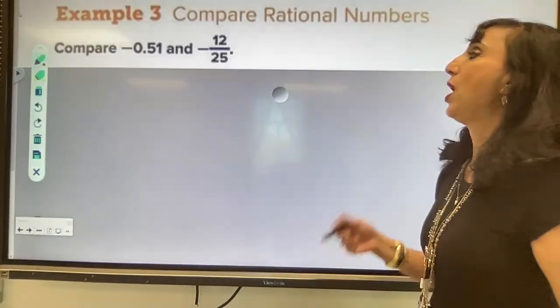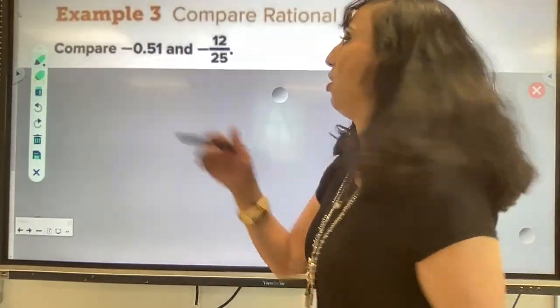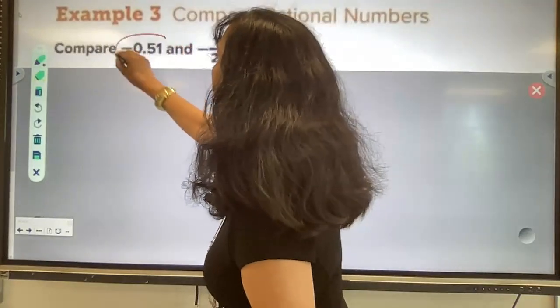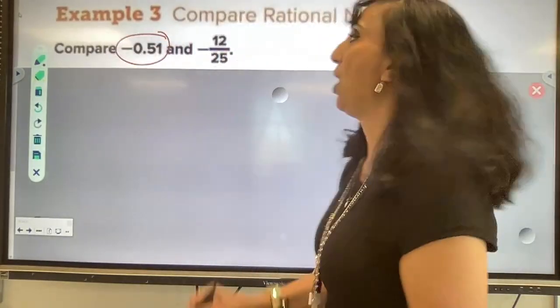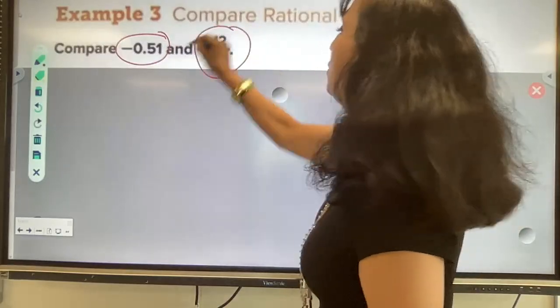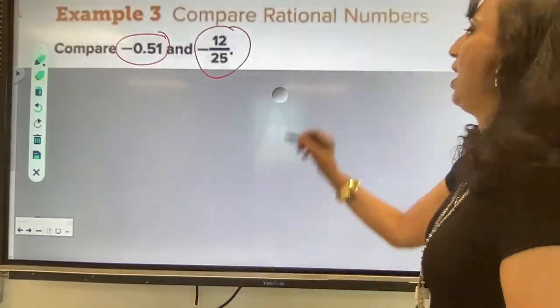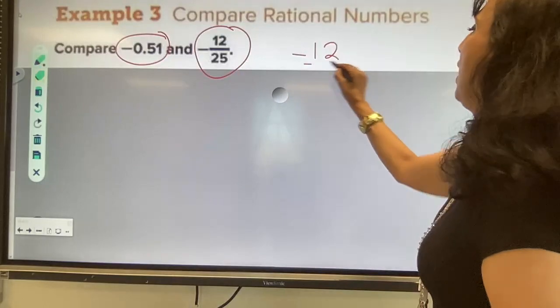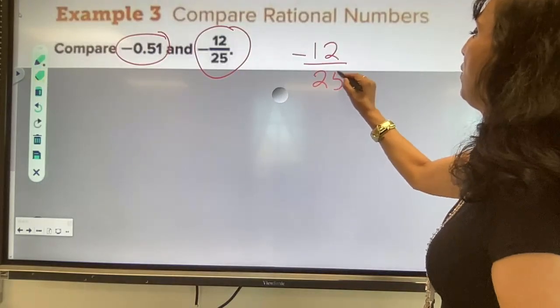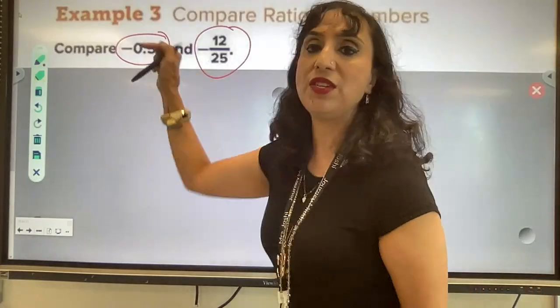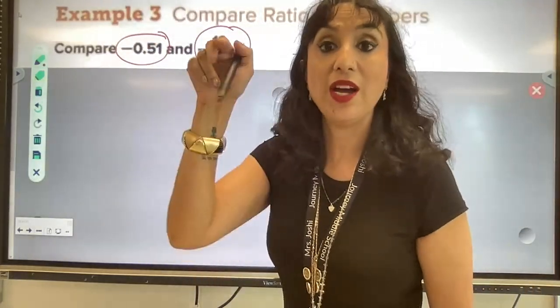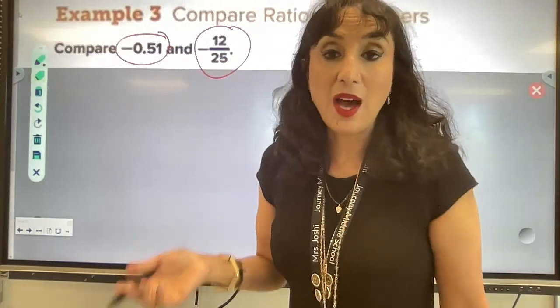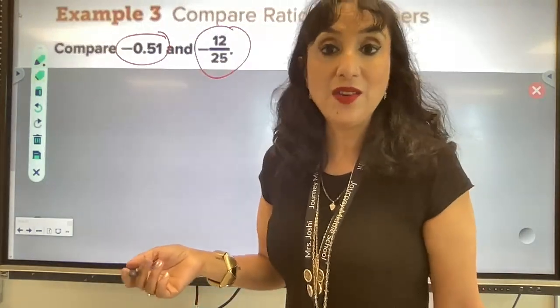So I'm going to change them to decimals. I already have this one in decimal form, so I'm going to change this one to a decimal format. I have negative 12/25. Since this is negative 51/100, my denominator is 100, right?